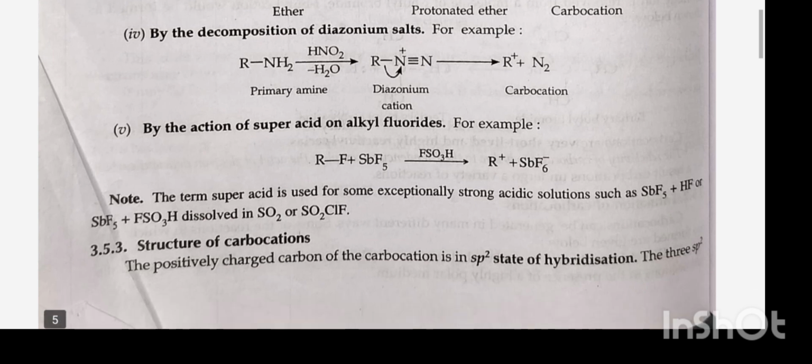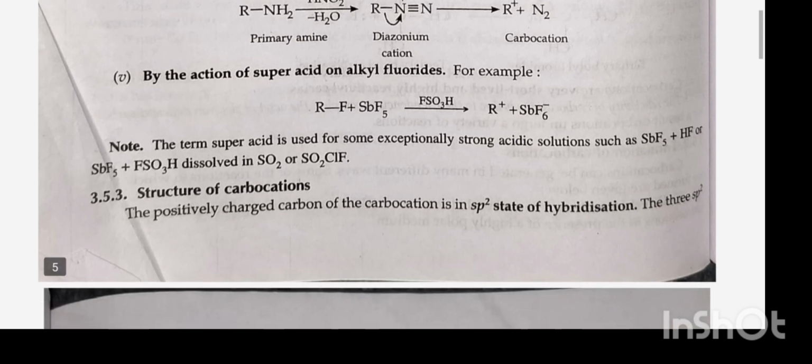Note, the term superacid is used for some exceptionally strong acid solutions such as SbF5 plus HF or SbF5 plus FSO3H dissolved in SO2 or SO2ClF.